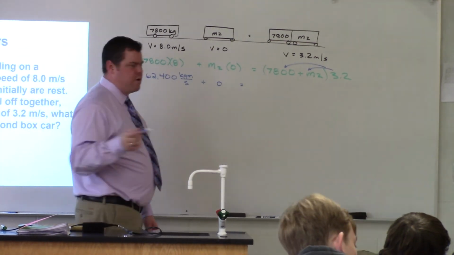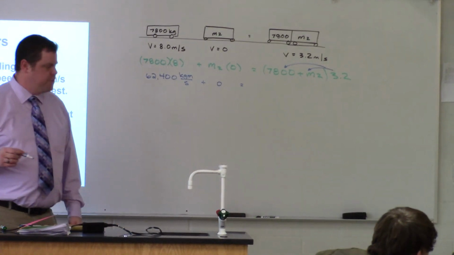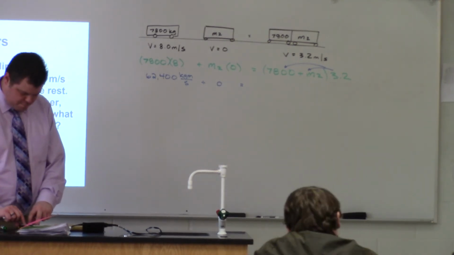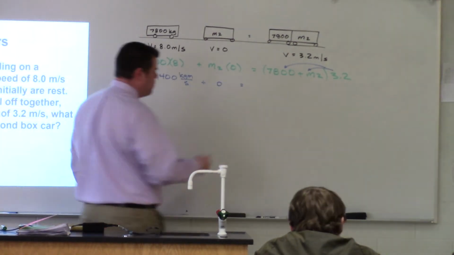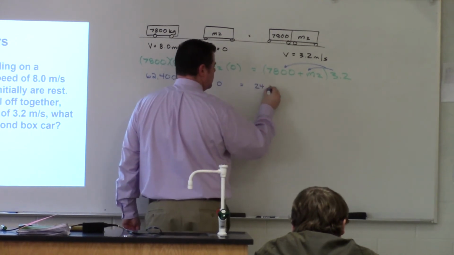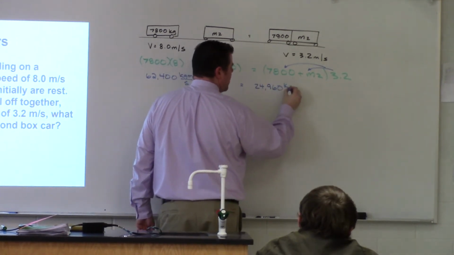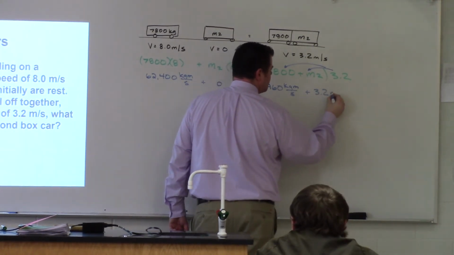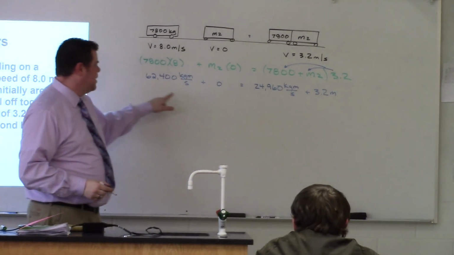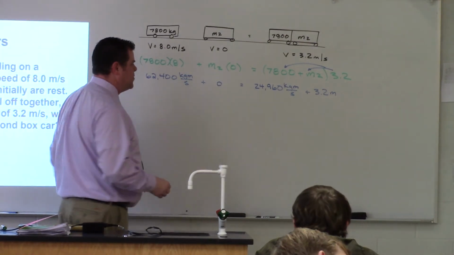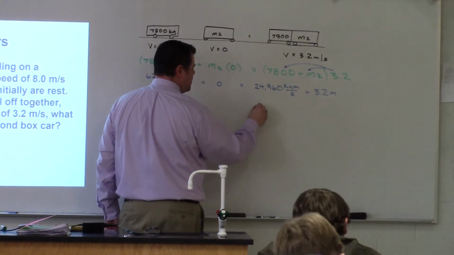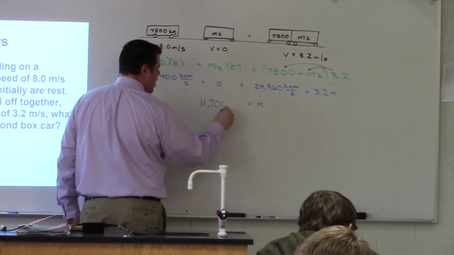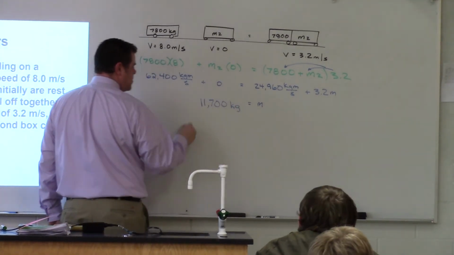You can do it in different orders, but as long as you can do your algebra, you're good. So if you do it this way, you can subtract the 24,960 from both sides, divide by 3.2, and I get a mass of about 11,700 kilograms.